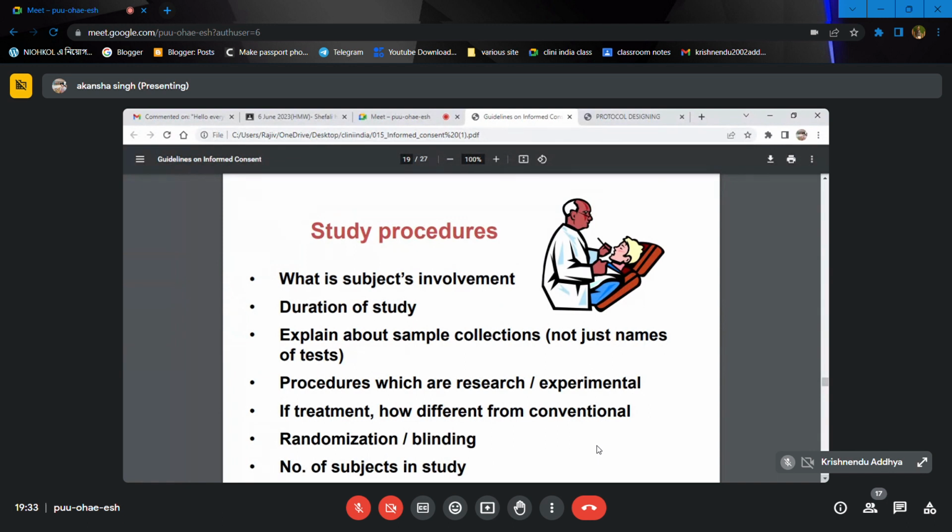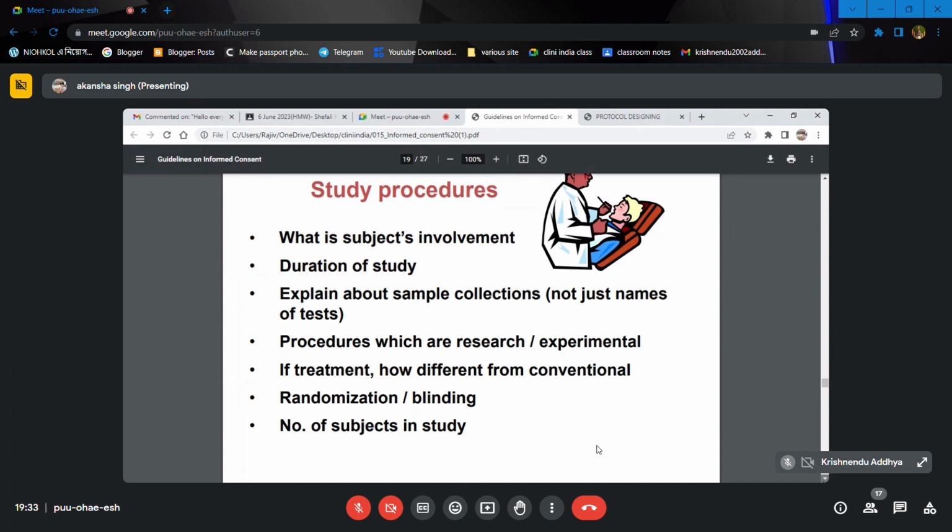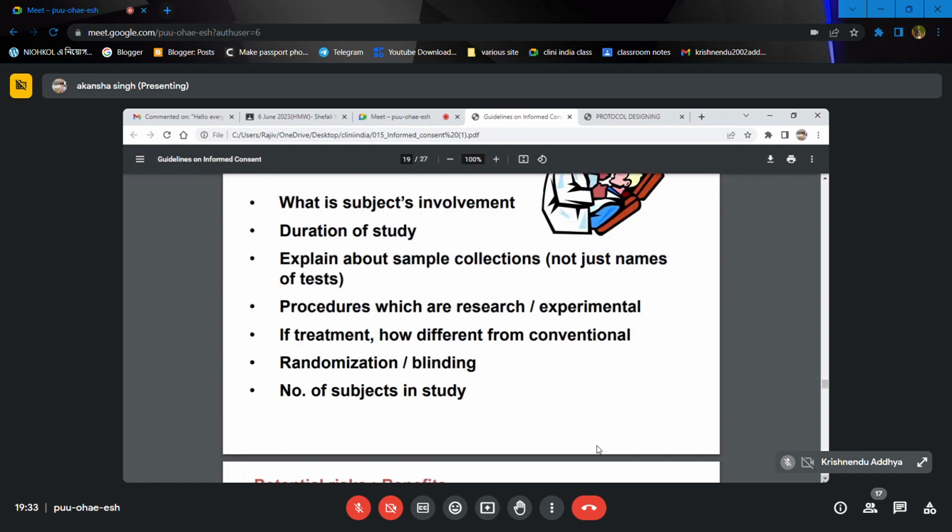Or if some new surgical method is involved, we have to explain how it is different from the conventional treatment. Then randomization and blinding have to be explained to them, whatever type of blinding, single blind, double blind, or triple blind. Everything has to be explained to him. The number of subjects in the study is predetermined: we have 50 people we are going to take for the study, or 100.